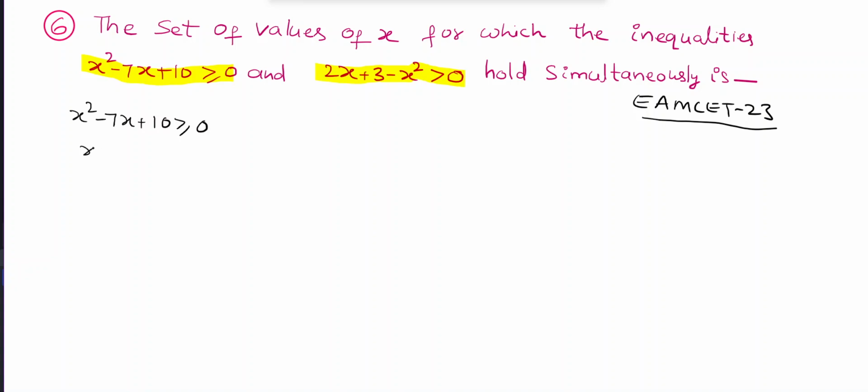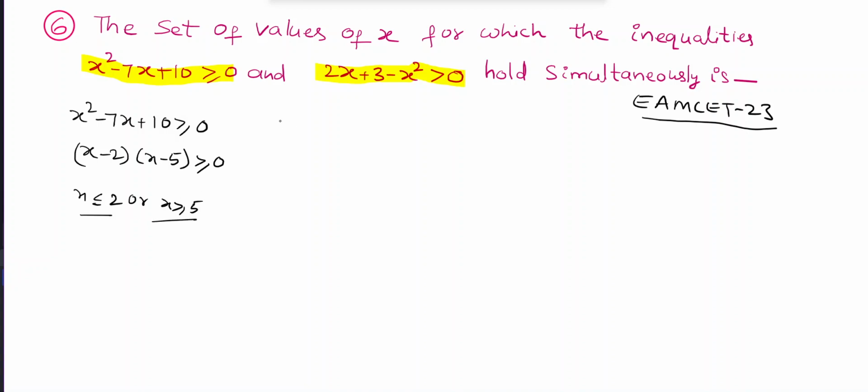Factors for this are (x minus 2)(x minus 5) greater than or equal to 0. That means x less than or equal to 2 or x greater than or equal to 5. These are the values of x.